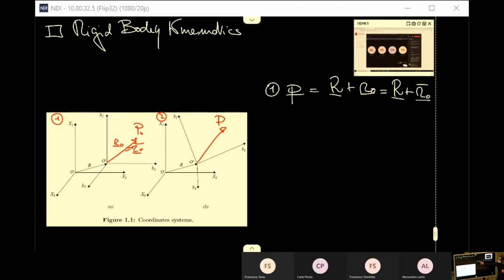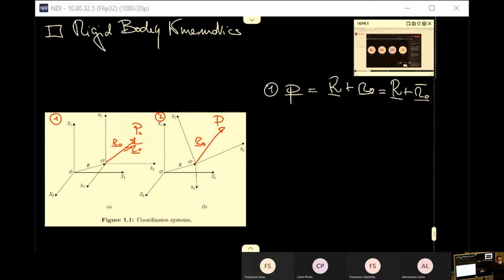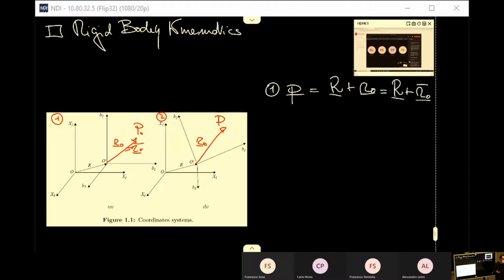Typically, vectors have an underbar. So in this case, we call this still R0 in our way of calling it. R0 is still a vector which lives in the 3D space, and its components refer to the inertial frame. Of course, now R0 is not anymore the R0 of before, but we call it the same way.